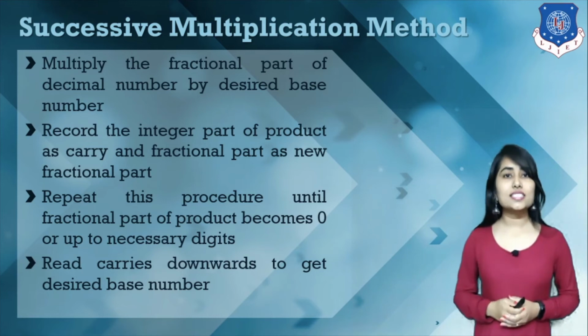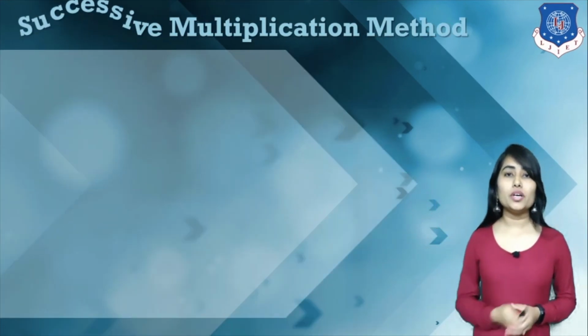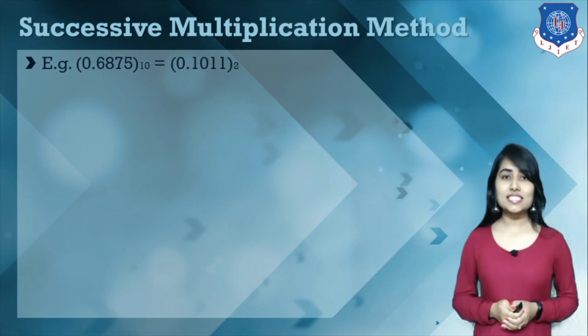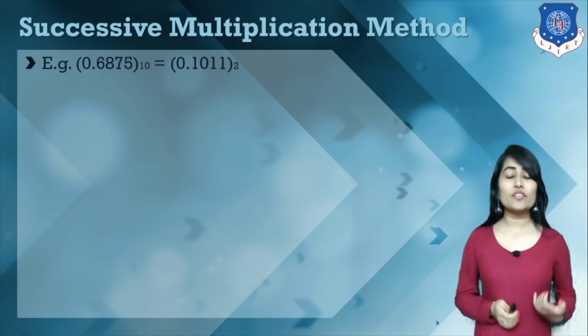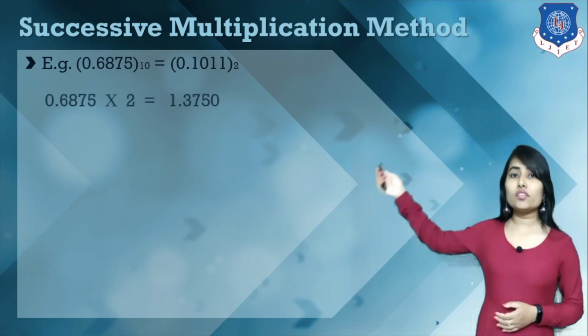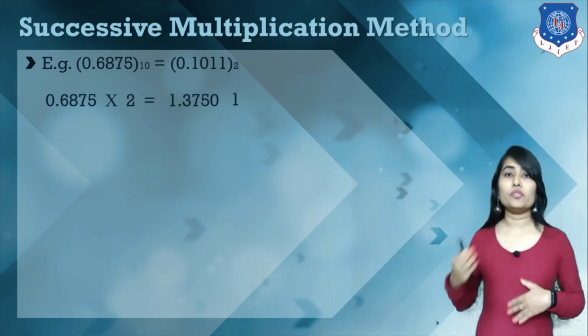Now let's discuss this with an example. Here we have an example, 0.6875. So how can we convert this 0.6875 into binary? This 0.6875 can be multiplied with 2 if we want to convert it into binary.